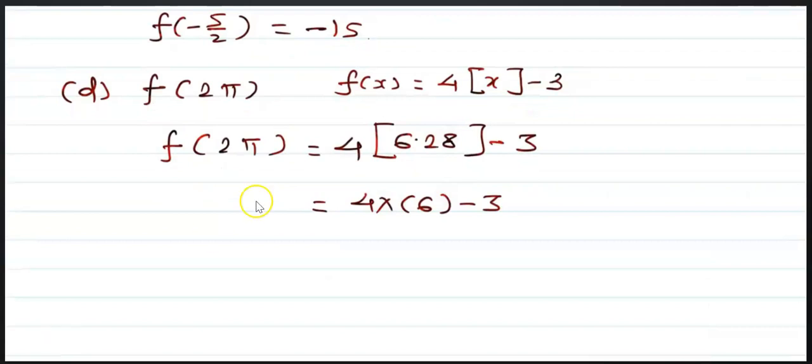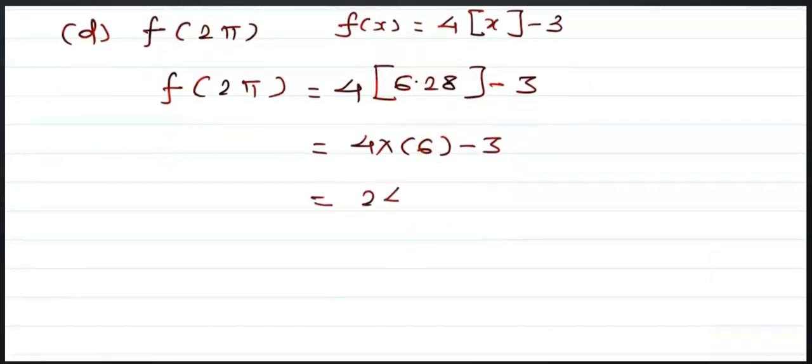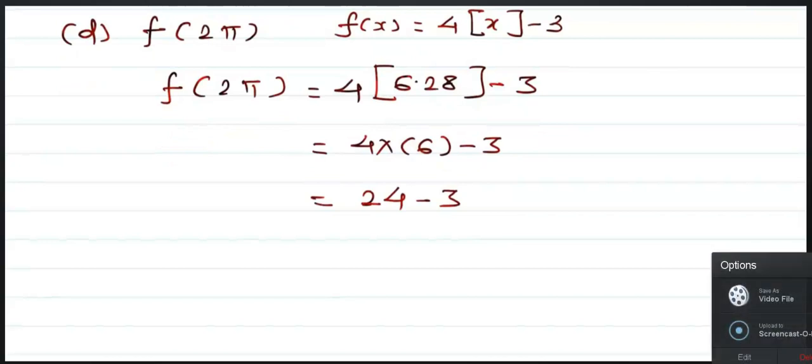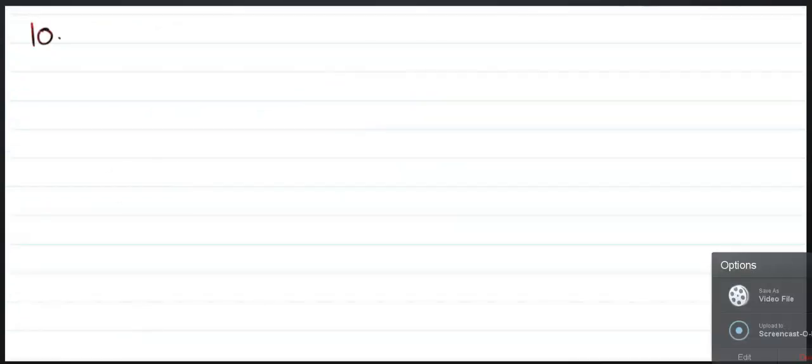The greatest integer of this, 6.28, is 6. We require the integer always. Therefore, the multiplication is 24 minus 3. Therefore, f of 2 pi is 21. This is the answer.